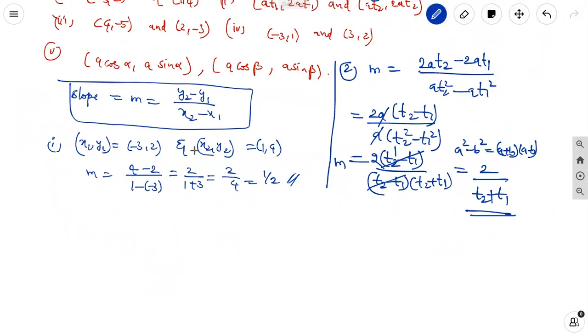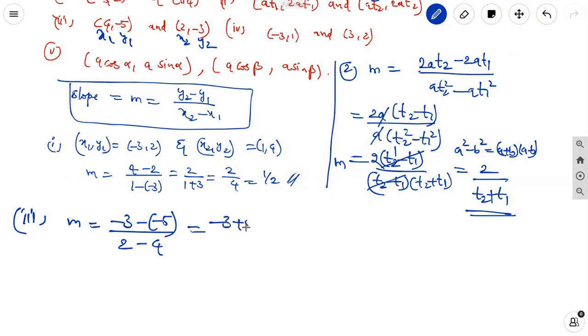Third one is, it is x1, y1, it is x2, y2. What is the slope? m equal to minus 3 minus of minus 5 by 2 minus 4, is minus 3 plus 5, minus into minus plus. 5, 2 minus 4 is minus 2. 2 by minus 2 equal to minus 1.